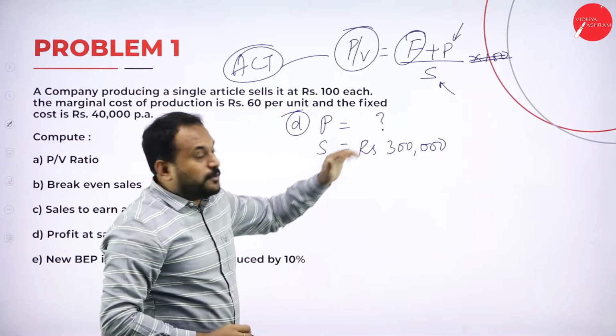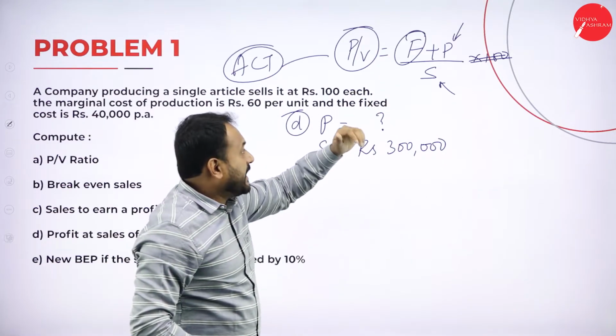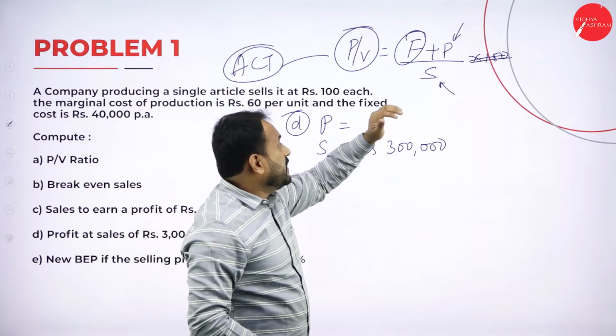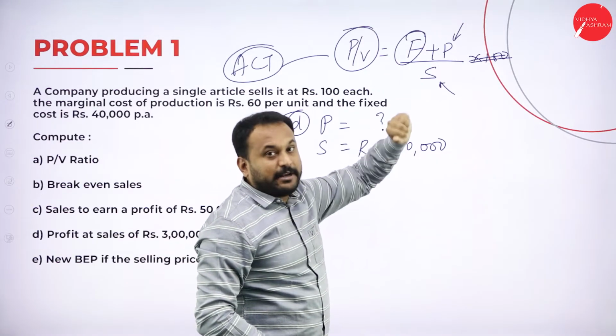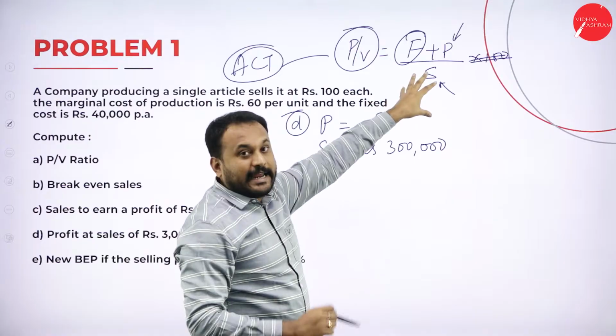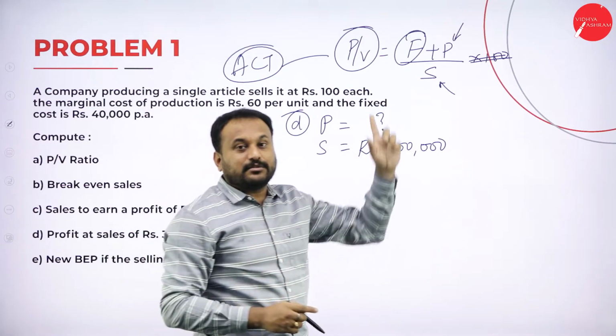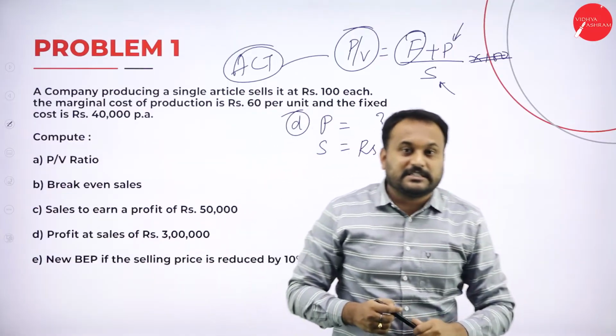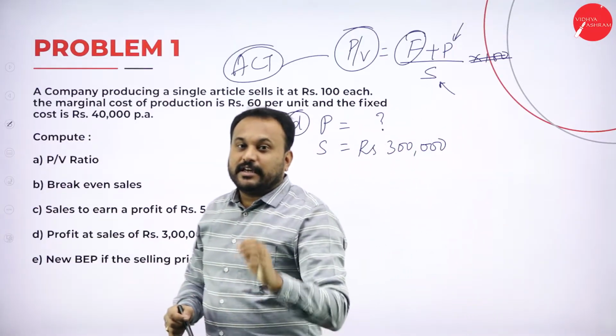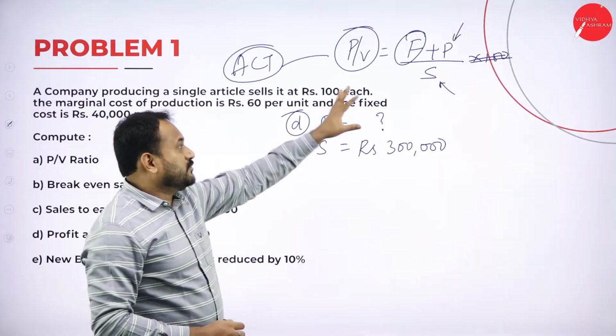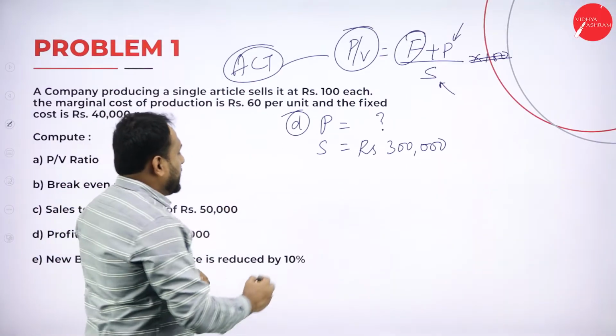If I know profit and fixed, I can find sales. If I know sales and fixed, I can find profit. If I know any three, the one thing which is missing, we can find through this formula. That is the reason I always say in marginal costing, if there is a universal formula, this is what it is. So I'll go with the formula here now.